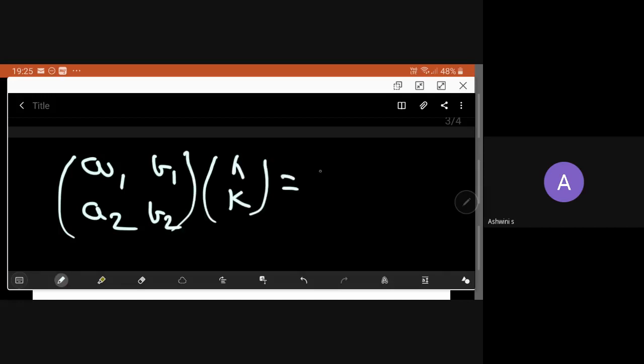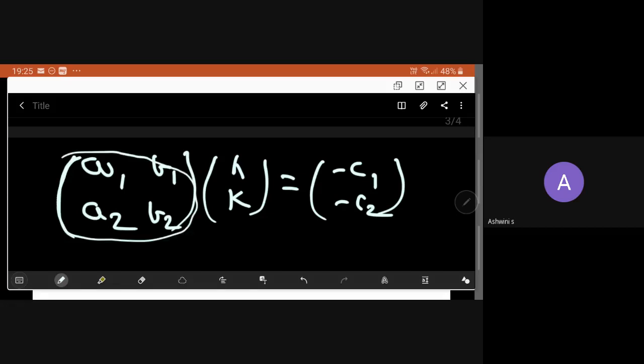You have a1, b1, a2, b2. In matrix form, the equations appear like this. If the determinant a1 b2 minus a2 b1 is not equal to 0, definitely this has a unique solution. That is what linear algebra says.